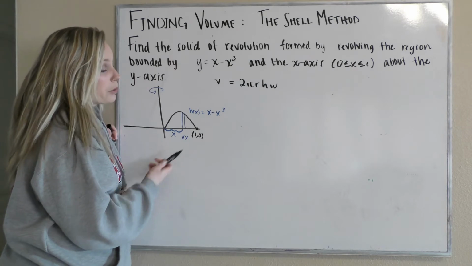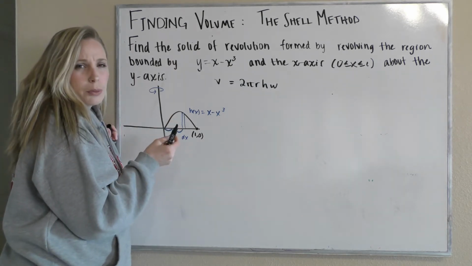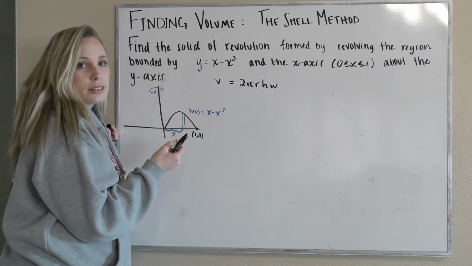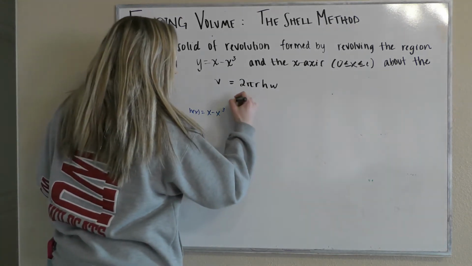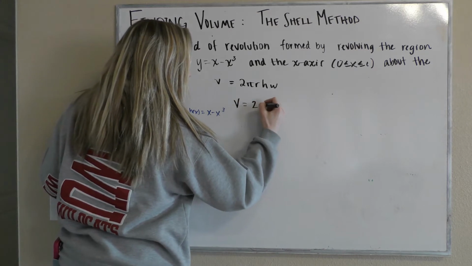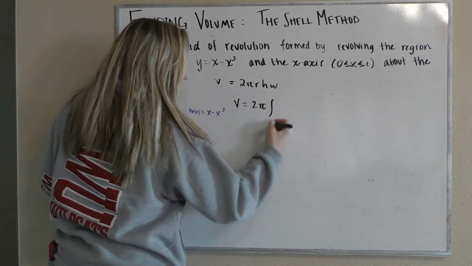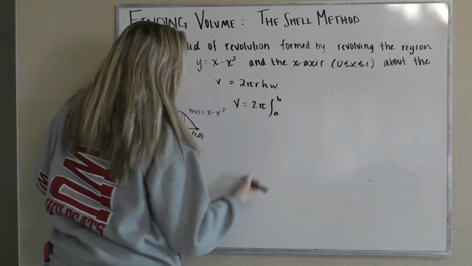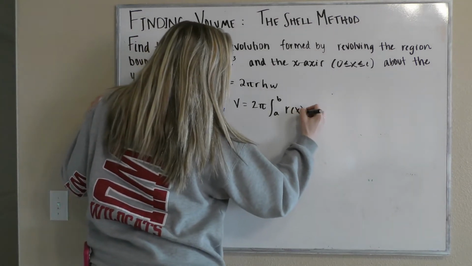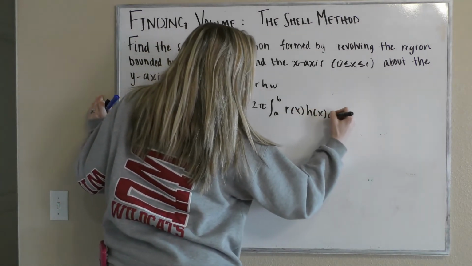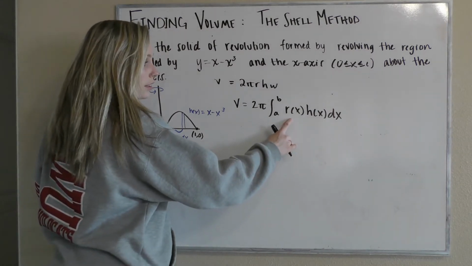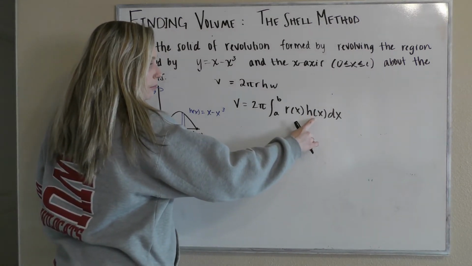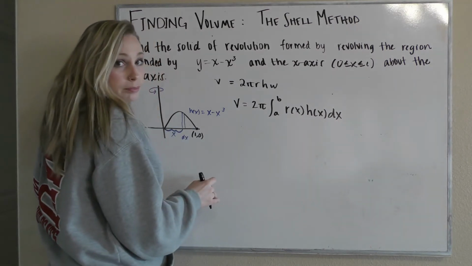And essentially, we want the width to be approaching 0. We want that width of each shell to be nothing. So in order to do that using calculus, we're going to say that the volume is 2 pi times the integral from a to b of r of x times h of x times dx. That's going to be the radius times the height times the width.